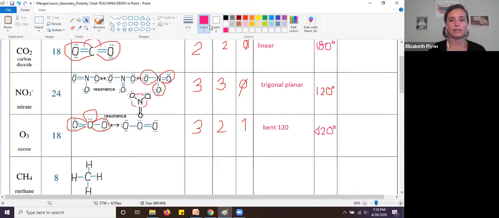So we would draw it like this. I'm not going to draw the lone pairs on the oxygens on the outside. In the interest of time, I'm just going to show the lone pair on the oxygen in the center to show that, and we can show that the bond angle is less than 120 here. And we said it was 116.8 degrees.